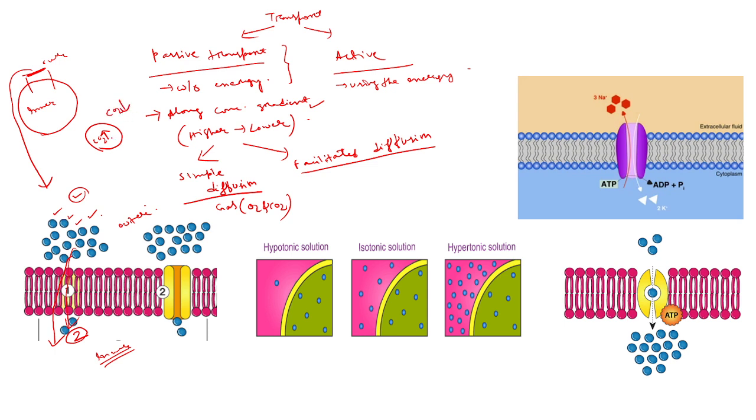That means, let's suppose 5 molecules of CO2 are present inside and 3 CO2 molecules are present outside. So now the carbon dioxide is transported from higher concentration to lower concentration, along the concentration gradient. That means from inside to outside.